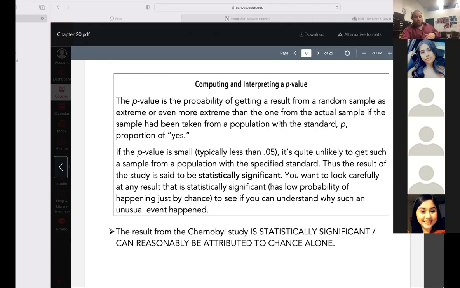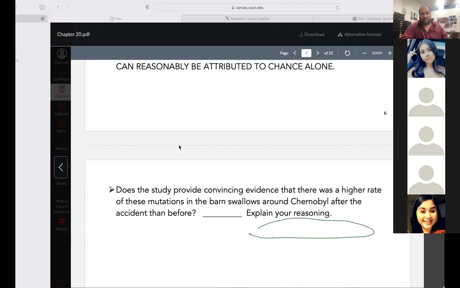In the case of the Chernobyl study, was it statistically significant or not? My 16% result, could it be attributed to chance alone? It was certainly statistically significant. We saw that the chance of it occurring is essentially 0, 10 to the negative 61 power.